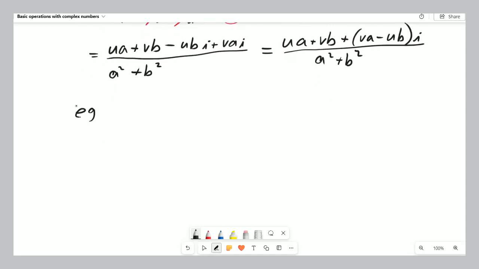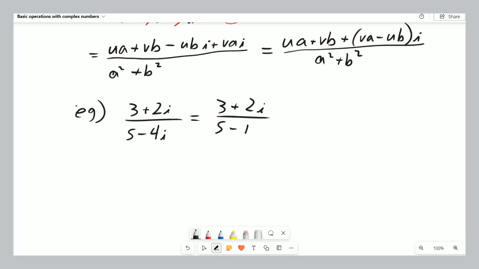So for example, let's say we have 3 plus 2i divided by 5 minus 4i. Okay, we multiply top and bottom by the complex conjugate of the denominator, which is going to be 5 plus 4i.